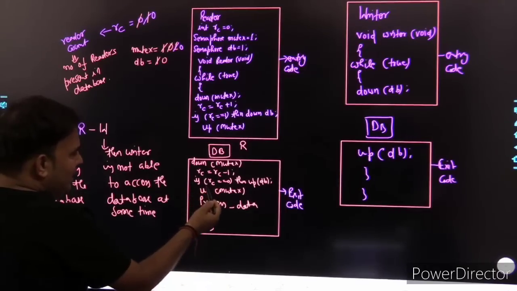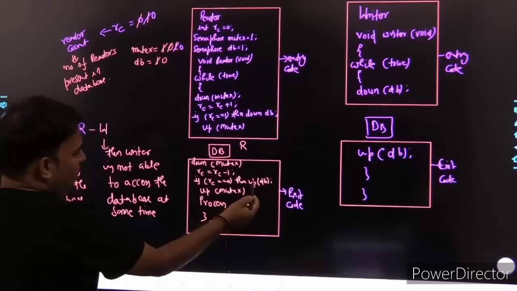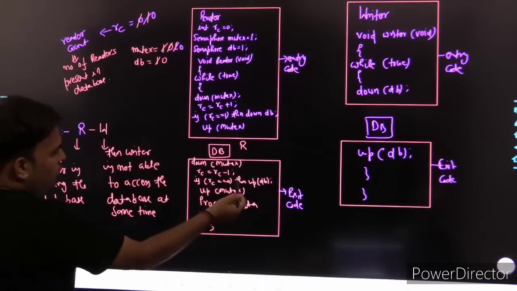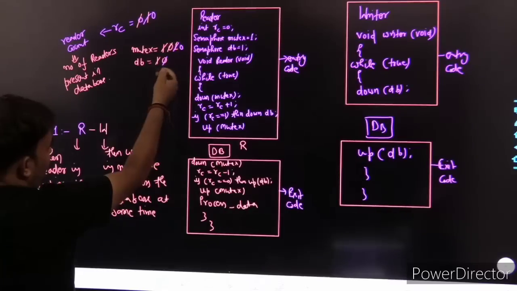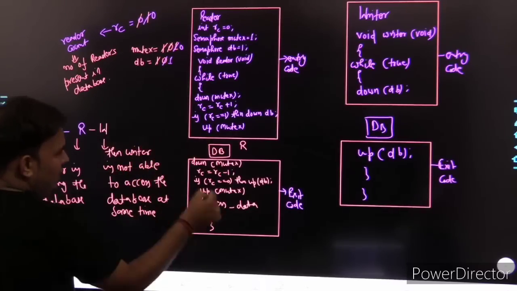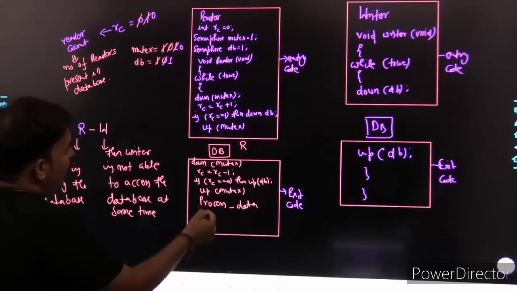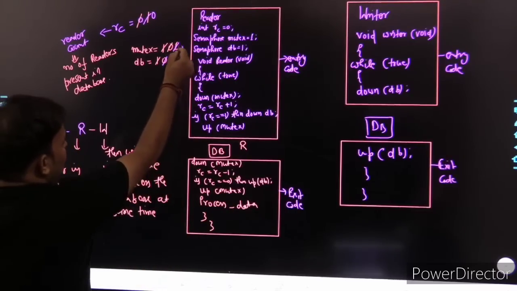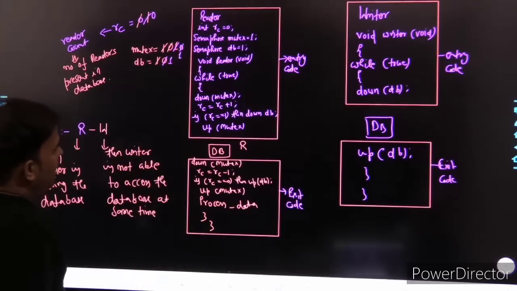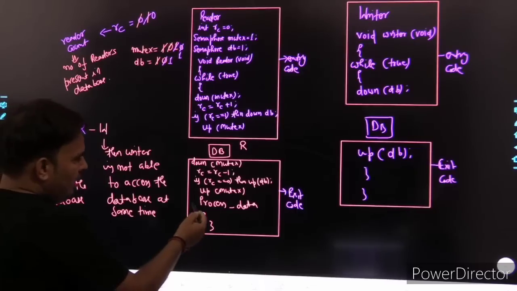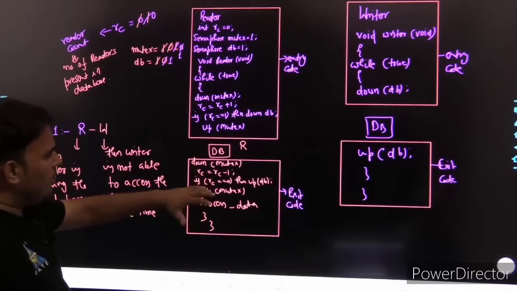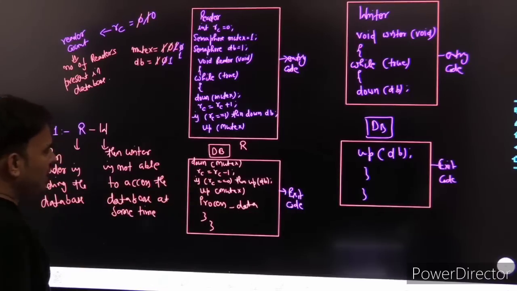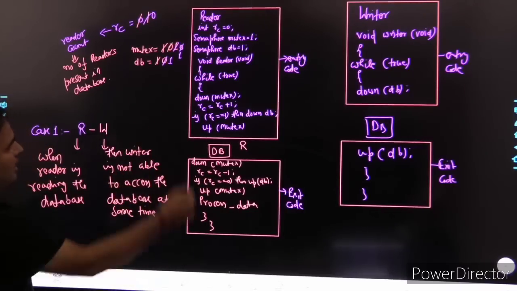If RC equal to 0, then up of DB, we will up this DB from 0 to 1. Then up of mutex, we need to also up the mutex. Then after executing this code, the reader will come out from the database.